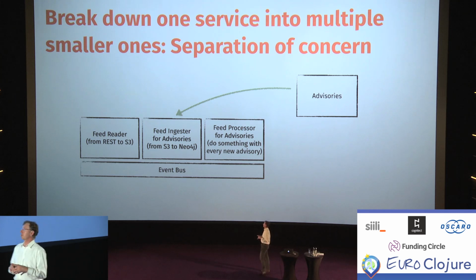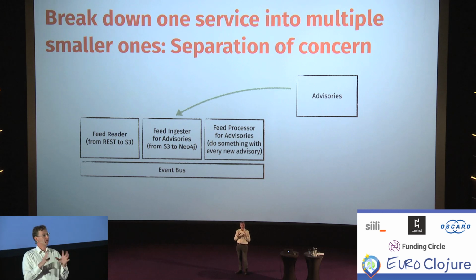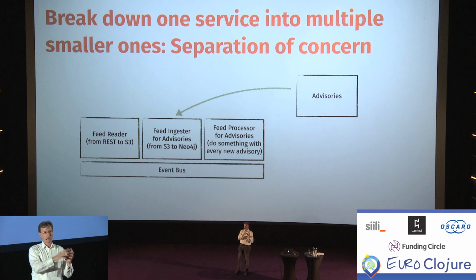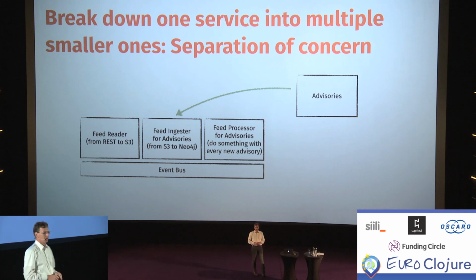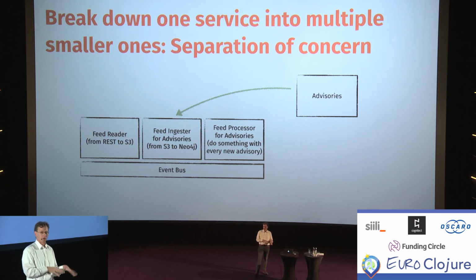Because what I'm having here is the feed reader could be really, really simple. It's just a generic feed reader taking any feed and putting it locally in our infrastructure in S3. This has to be really, really robust, and the services after that are under our control, so we could restart them.